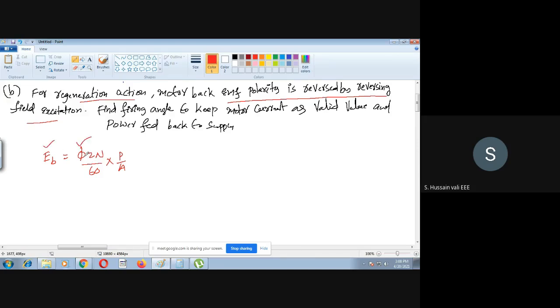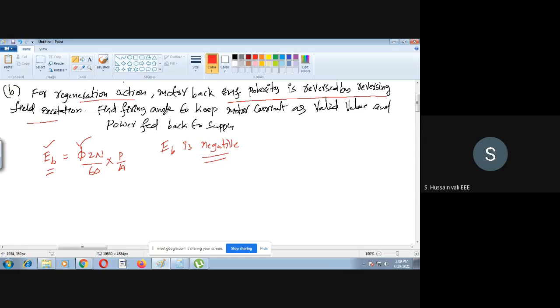You have the field winding, so reverse the polarity of the field winding supply. Then flux phi becomes negative, and if phi becomes negative, then EB also becomes negative. So EB is negative this time. This is the first thing.